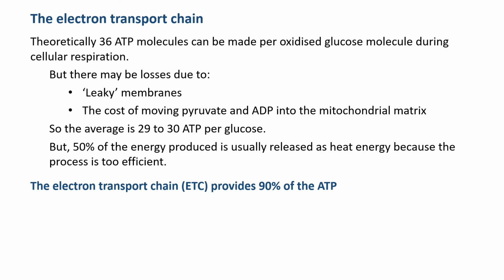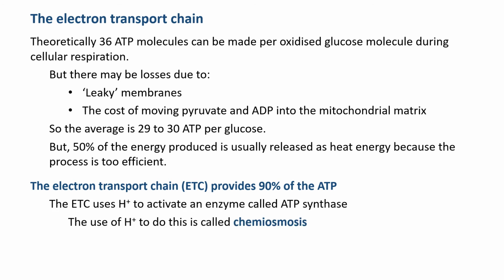The electron transport chain, though, provides 90% of the ATP. It uses H+ to activate an enzyme called ATP synthase. The use of H+ to do this is called chemiosmosis. Not osmosis as in water, chemiosmosis.